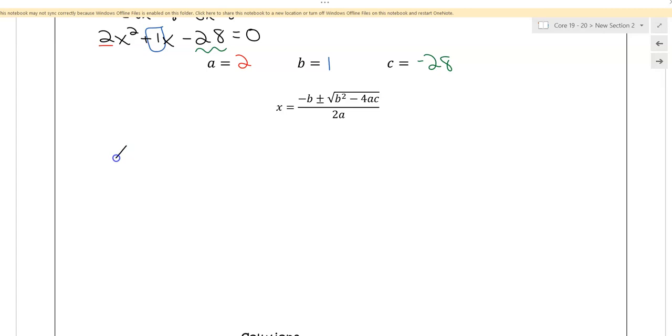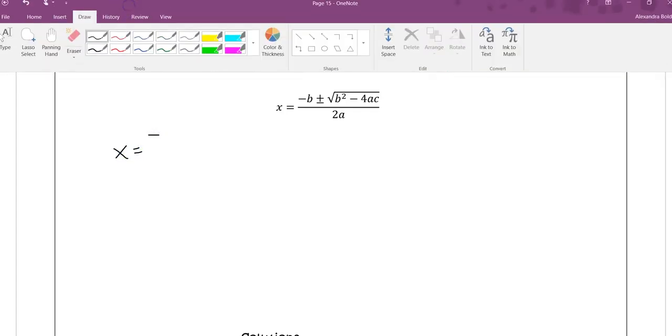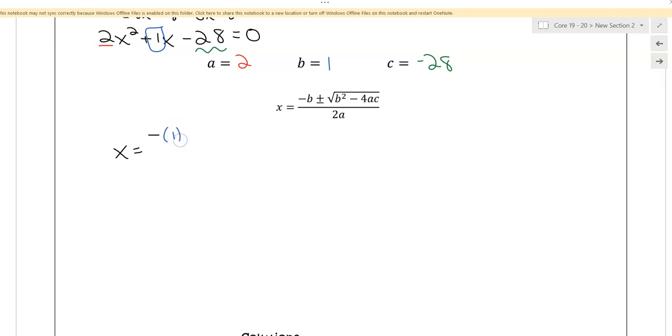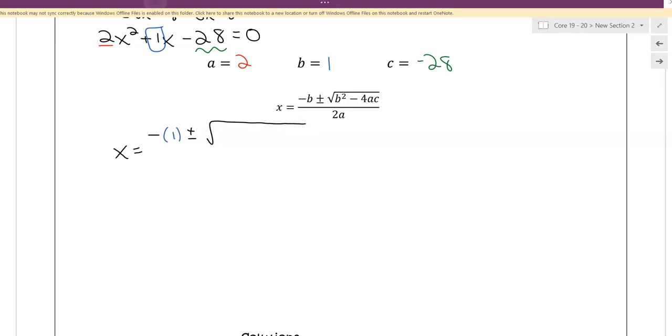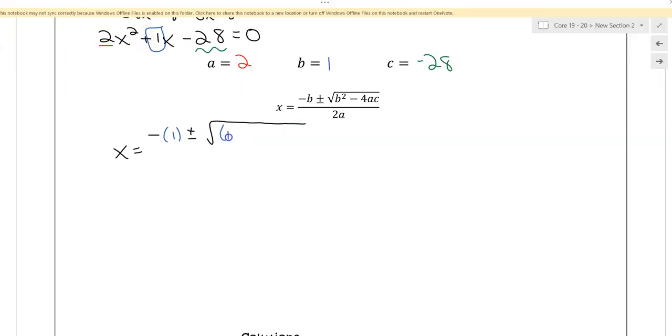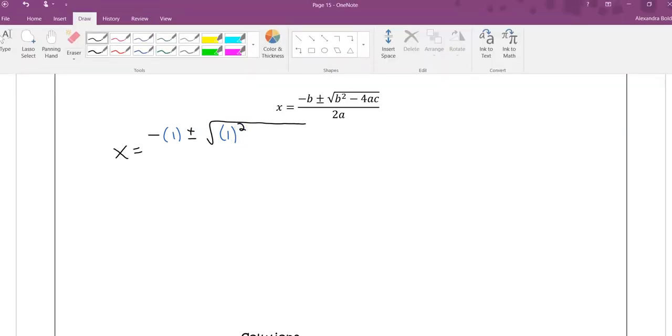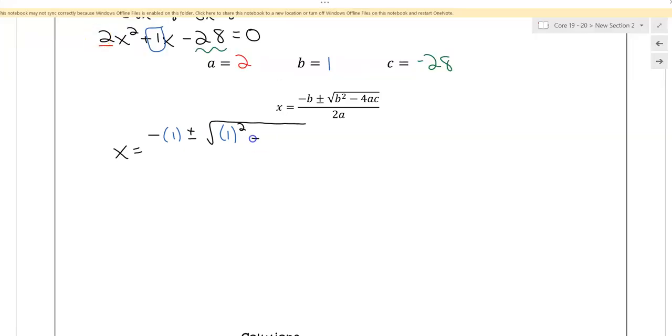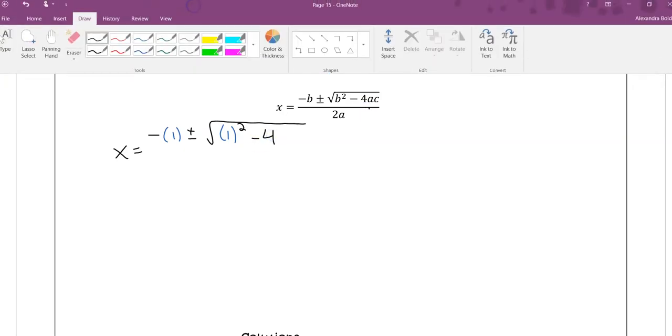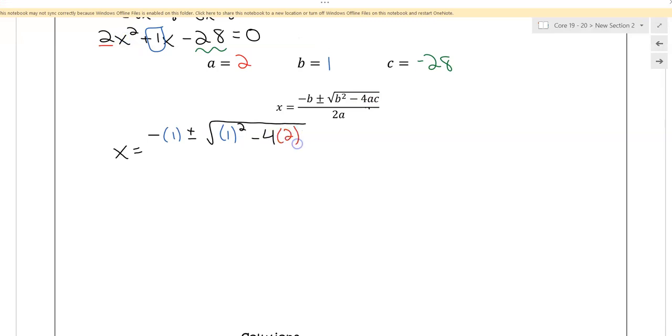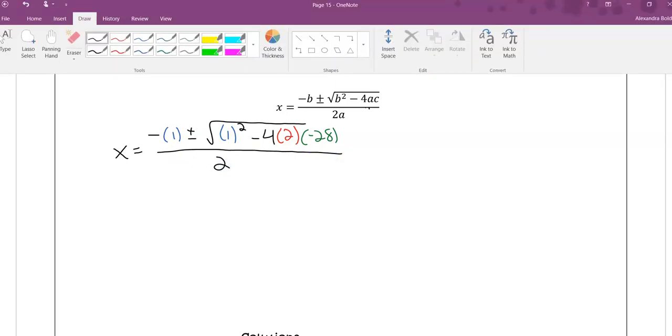So then, x equals the opposite of 1, plus or minus the square root of 1 squared minus 4, and a is a 2, c is negative 28, all over 2, and a is 2.